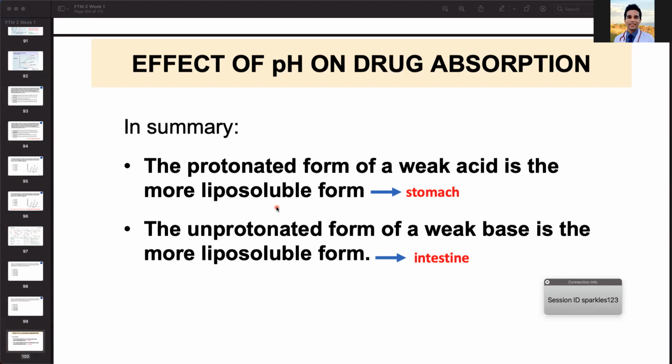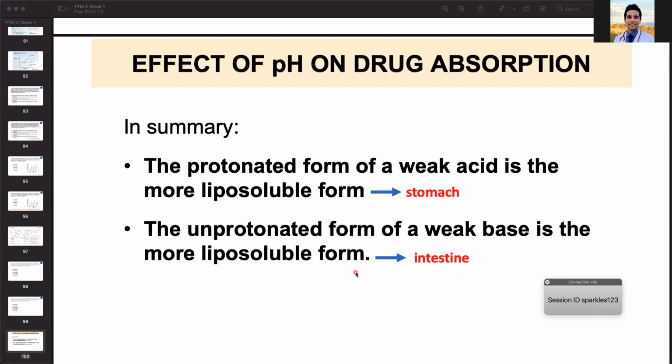But in the stomach, it's a very acidic environment, so it needs to be in the protonated form so that it doesn't have a charge and can cross through. Whereas in the intestines, the pH drastically changes, so now it can be in the unprotonated form in order to become more liposoluble.